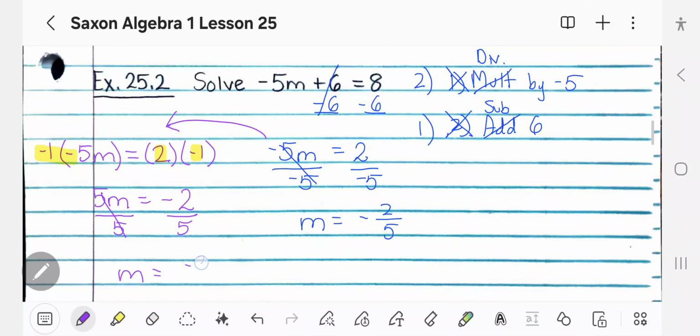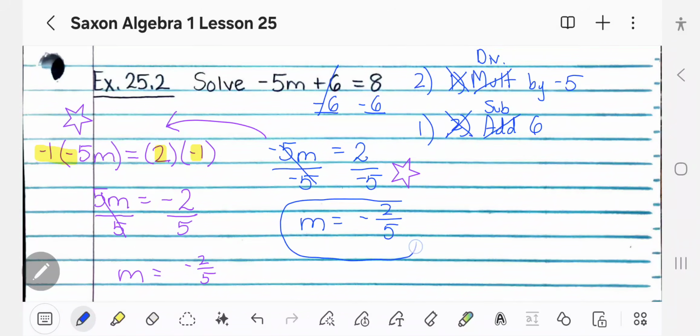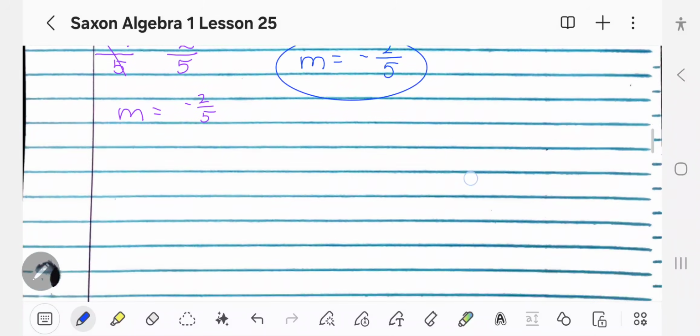But the book says that some people have less trouble with the sign if they deal with it separately. This is the way I usually do it. But the book recommends that if you're having trouble with signs, you can do it this way. Either way you want to do it, we end up with -2/5 as your answer. And you could substitute that back in and you will see that it works.